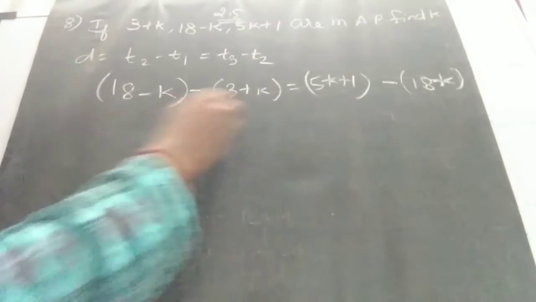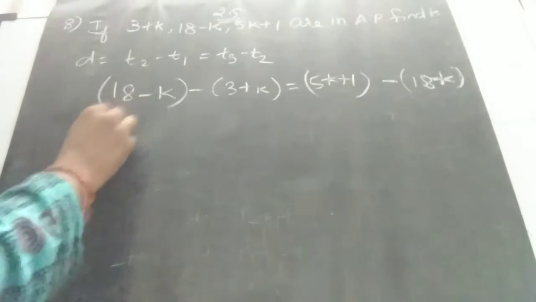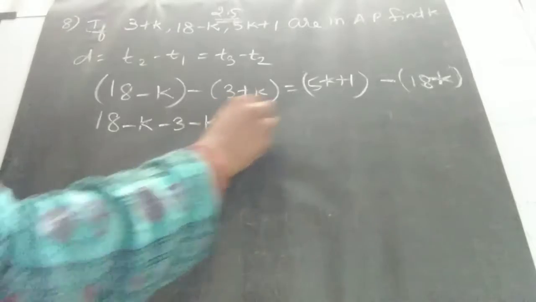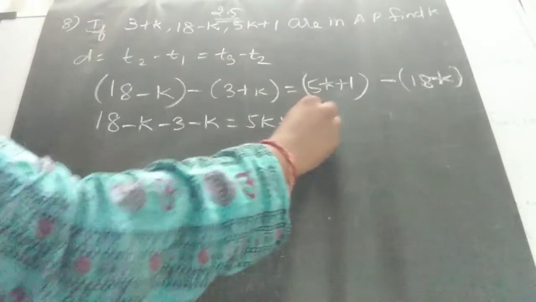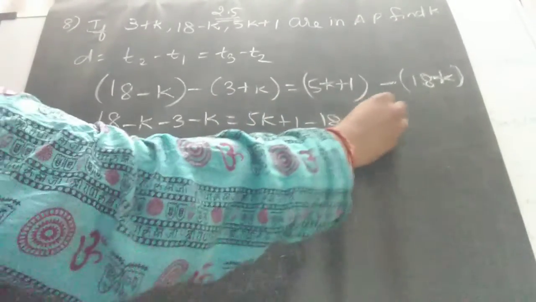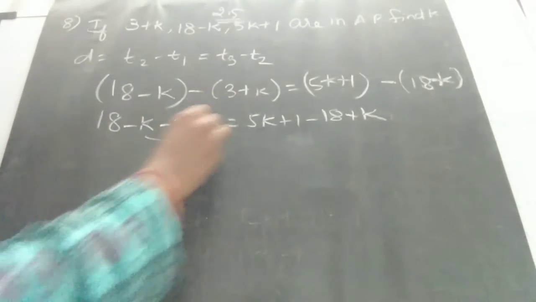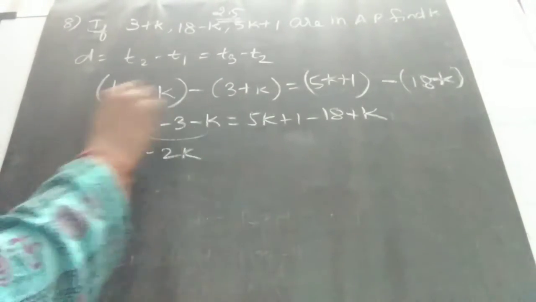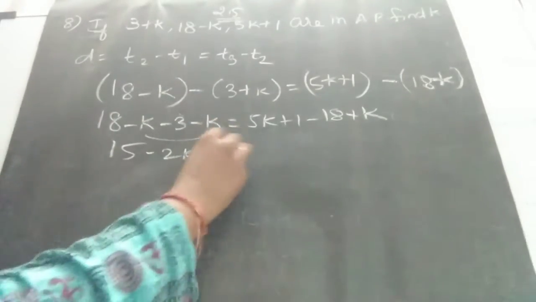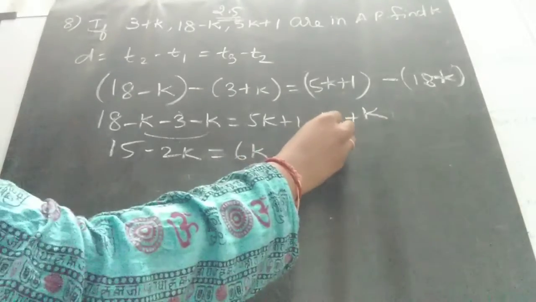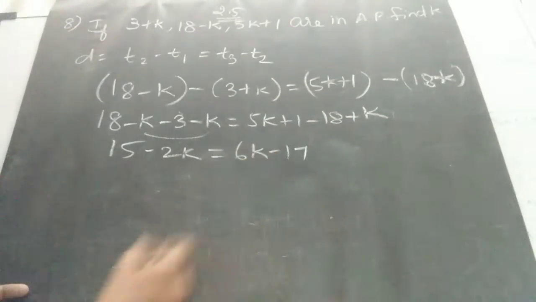Now change the sign inside: 18 minus k minus 3 minus k. This one is 5k plus 1 minus 18 plus k. So this is again minus k and minus k, minus 2k. 18 minus 3 is 15. This is equal to 5k plus k, which is 6k, minus 18 plus 1, which is minus 17.